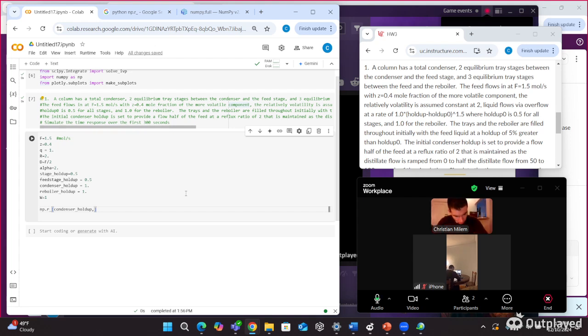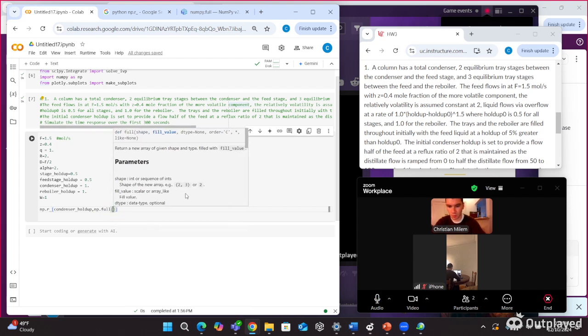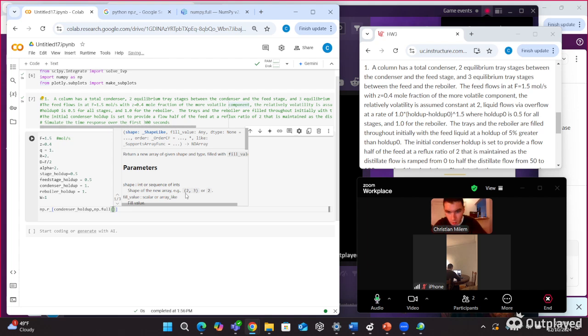Then, we're starting at the condenser. Then we have 2 stages of, is it np.full? Yeah. So then fill any value. So we want 2. They need to be filled with stage holdup.